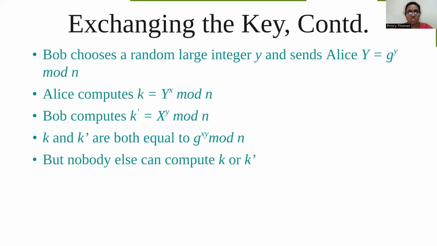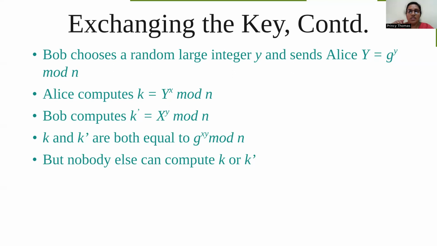When Alice receives capital Y, she calculates Y raised to x mod n, where x is the value randomly selected by Alice, and Bob computes X raised to y mod n.